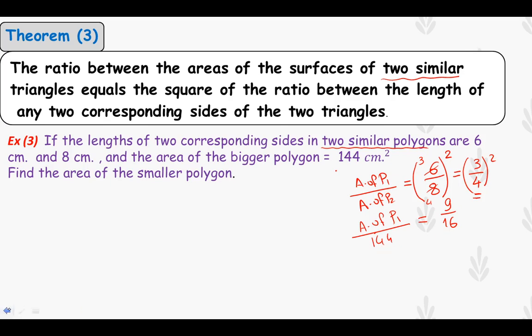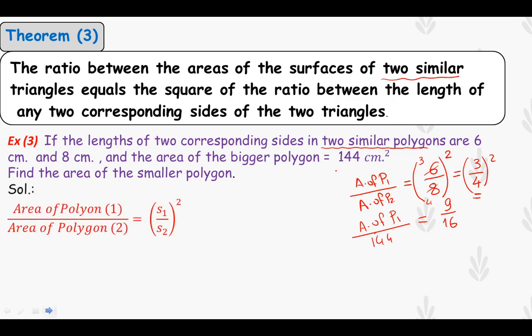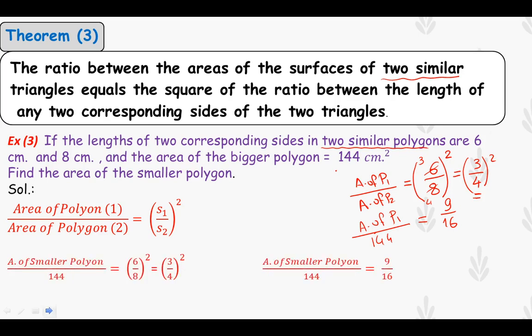Okay, let's solve it again together by using the PowerPoint solution. The area of polygon 1 over the area of polygon 2 equals the ratio between two corresponding sides, squared. The area of the smaller polygon over the area of the large polygon. The area of the large polygon is 144 because it corresponds to the larger side. So this equals 6 over 8 all to the power of 2.